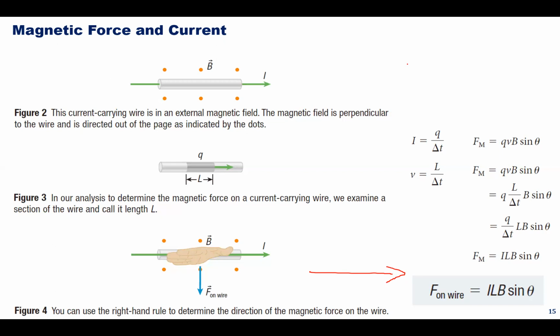The magnetic force on the current is due to the force on the moving charge. So the right-hand rule used here is similar to the other right-hand rules we have just used before, right? The direction of the current replaces the direction of the velocity v for a moving charge.